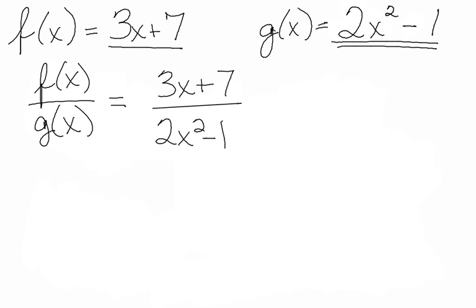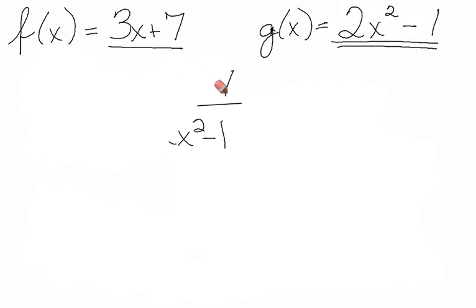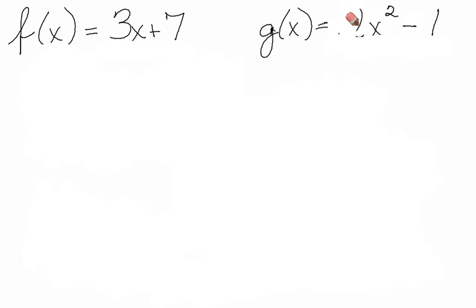All right, great. We talked about the four common operations: addition, subtraction, multiplication, and division. We are going to move on to an operation that is unique to functions. Well, maybe not unique, but at least it's new compared to things you've learned before. And that operation is called composition. Okay, function composition.